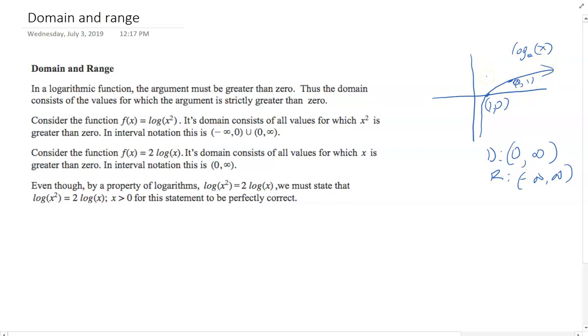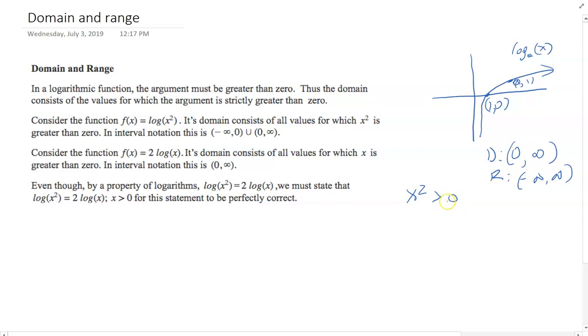What we know about log functions is that the argument must be greater than 0. Thus, the domain consists of values for which the argument is strictly greater than 0. So if we consider the function f of x is equal to log of x squared, its domain consists of all values for which x squared is greater than 0.